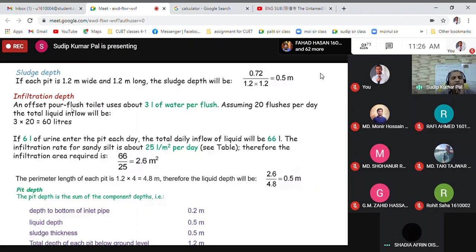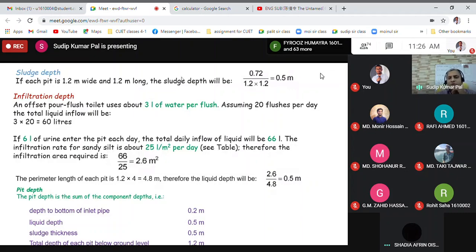One is, since this is a pour flush latrine, I use 3 liter per flush. Every time you go to the toilet, you use the flush, and this water is basically 3 to 5 liters per flush, depending on the flush tank volume.